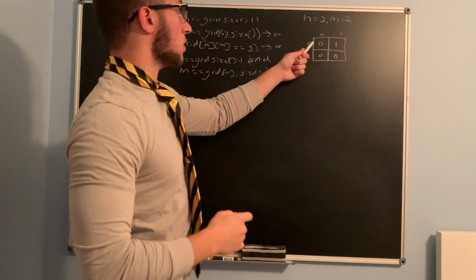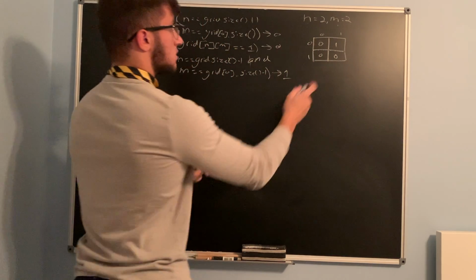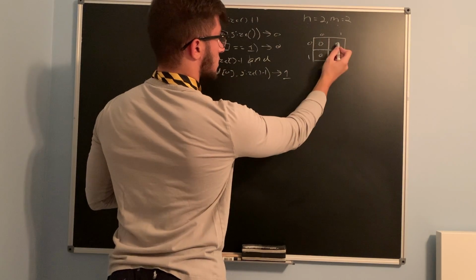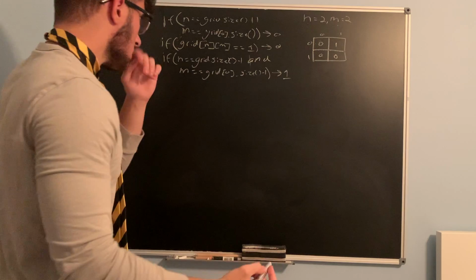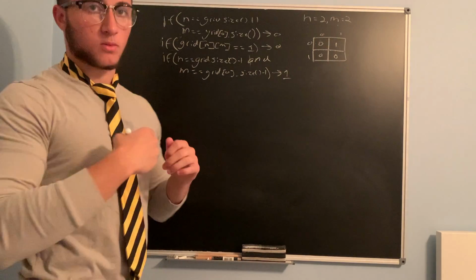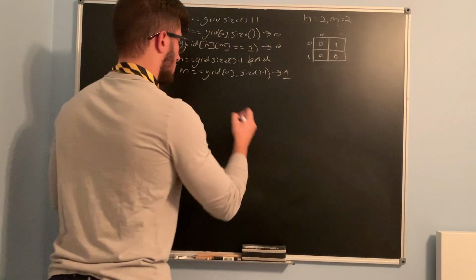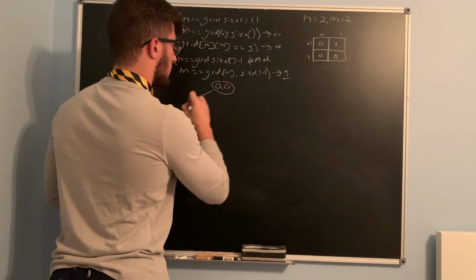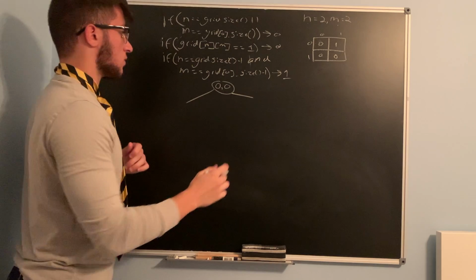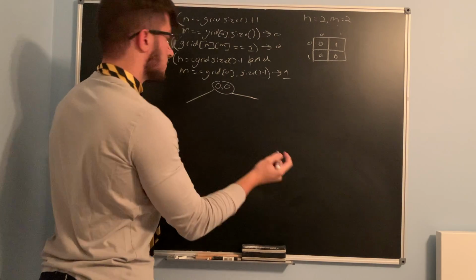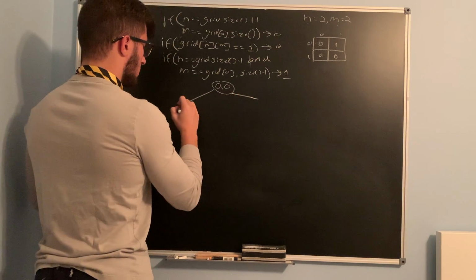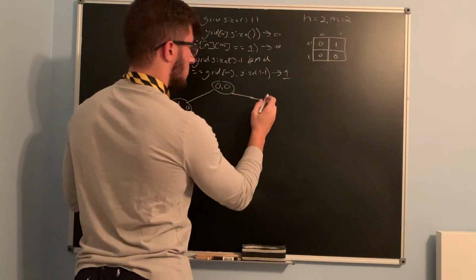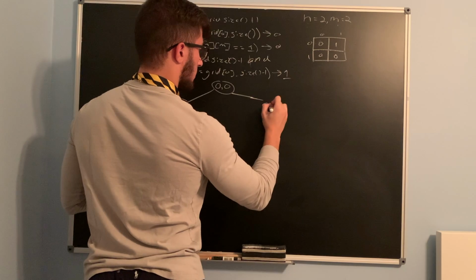So there's actually only one path we can go to, and that's this right here, because we can't go here because of the 1. So if we were to draw a recursion tree to represent this, we would start out with 0, 0. And we have two different options. We can either go left or right, incrementing n or incrementing m. If we increment n, in this case, we'll go 1, 0. If we increment m, we'll be at 0, 1.